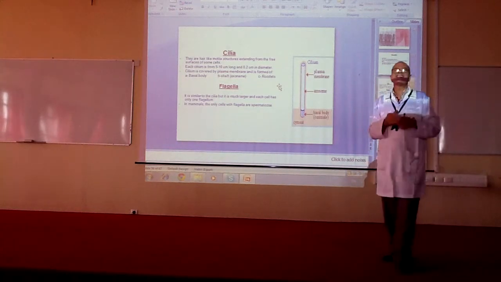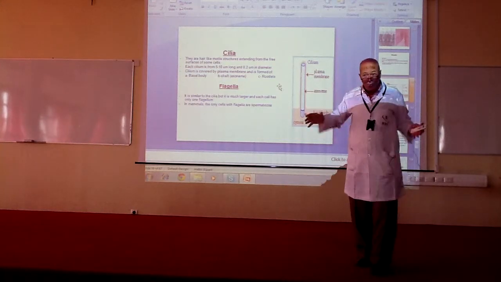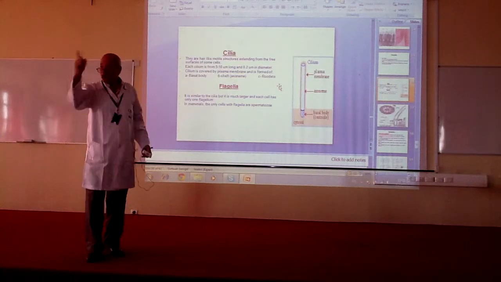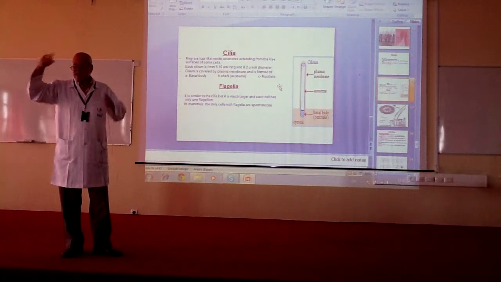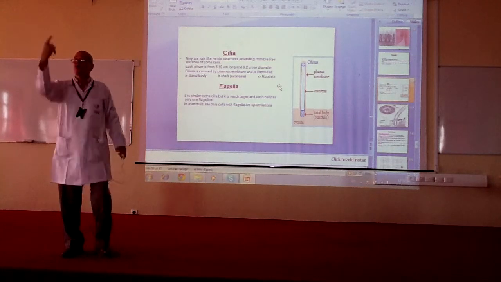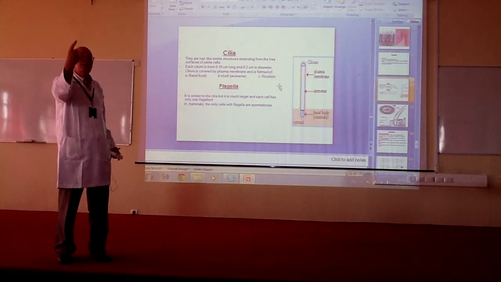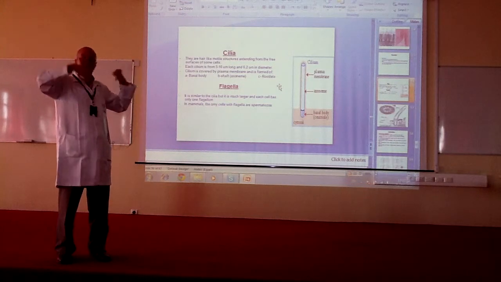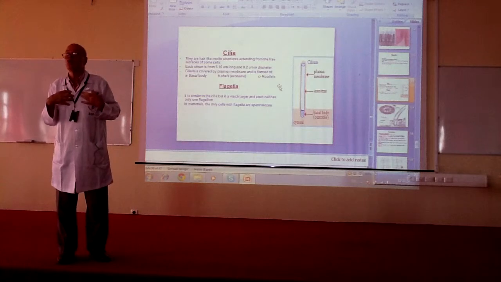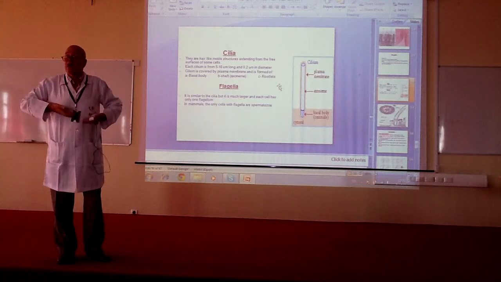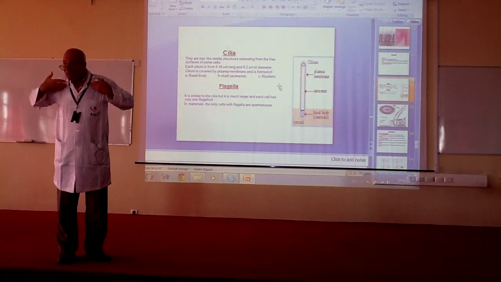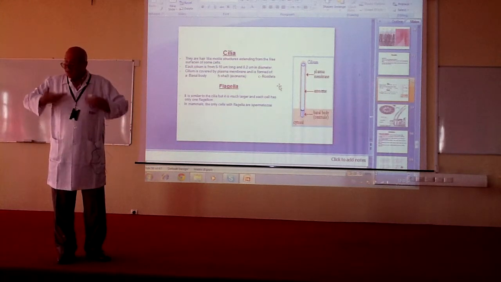So it's a syndrome. What do we mean by syndrome? One wrong thing giving different manifestations. What is this one thing? Immotile cilia. In the respiratory tract, cilia cannot clean the mucus up, which causes cough, and the mucus will collect and bacteria will grow.